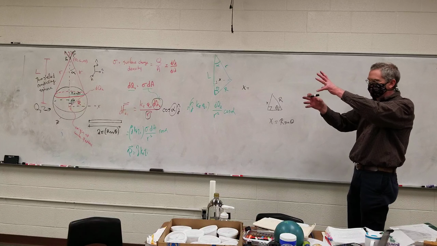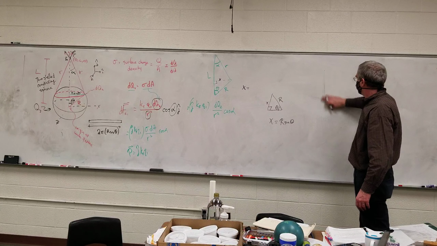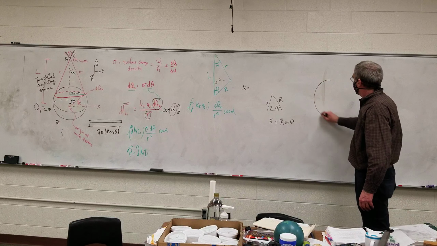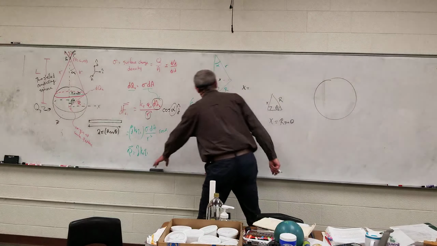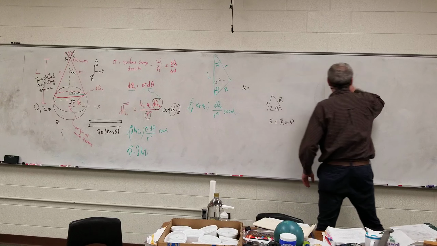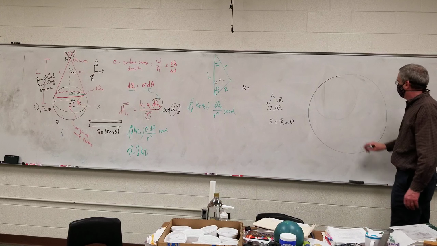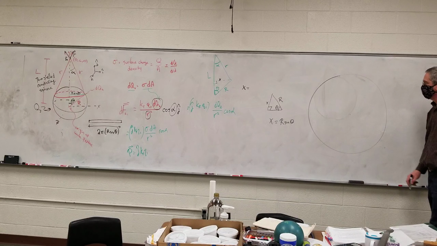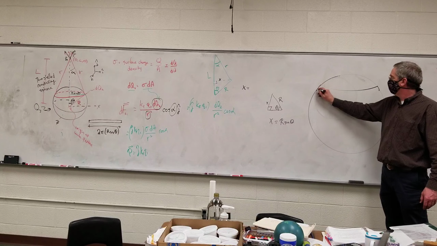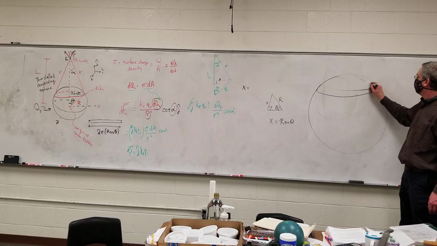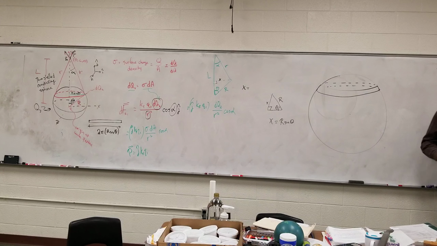I'm going to blow it up some so that I have a chance of drawing something reasonable. Center somewhere around there. And I've got this ring. So just imagine this band.